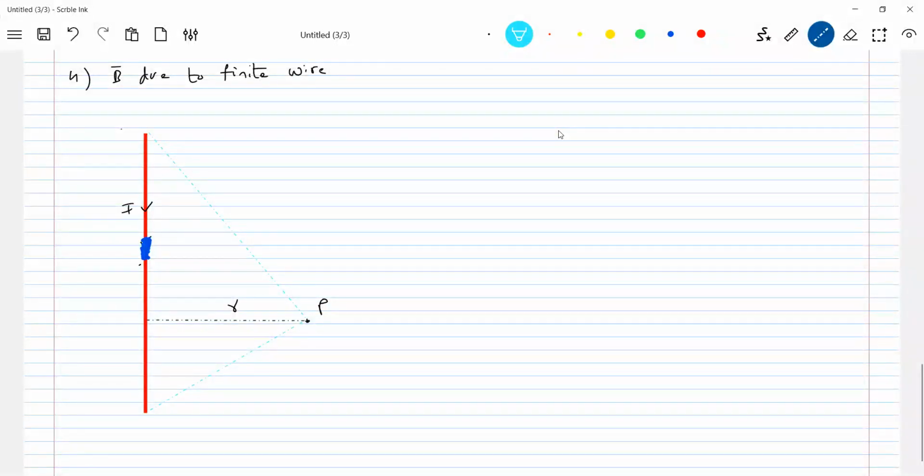The line joining the ends with the point P, let them subtend an angle alpha and beta with horizontal.